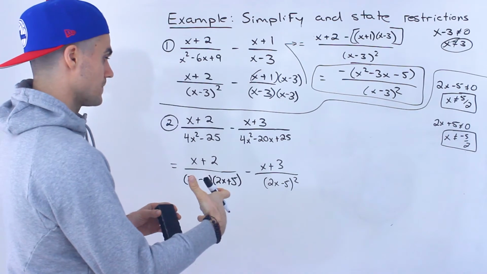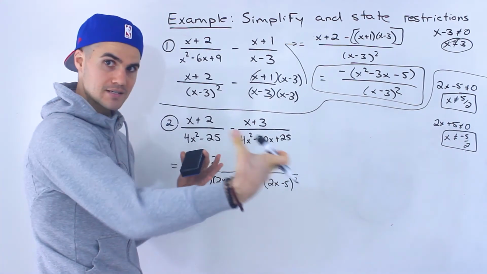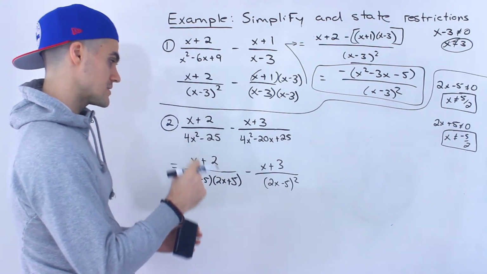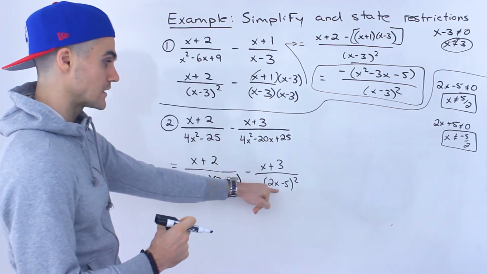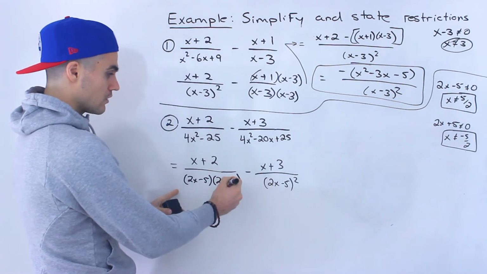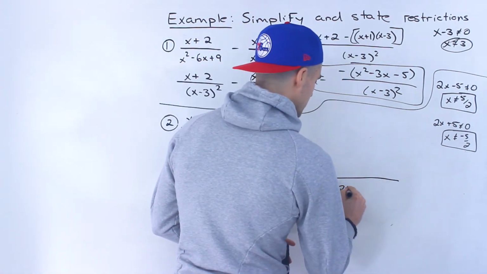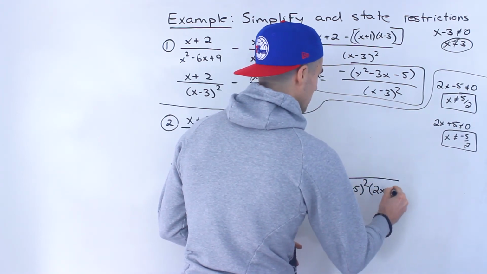Now what we could do is we can simplify this. So we're going to combine this into one fraction. So we need a lowest common denominator. Now what's the lowest common denominator going to be between 2x minus 5, 2x plus 5, and then 2x minus 5 to the power of 2? Well, if you look at all of these, it's actually going to be 2x minus 5 to the power of 2 times 2x plus 5.